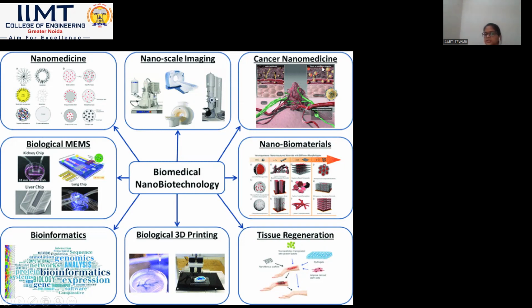So we make nanomedicines out of the particles because they are absorbed faster, and with efficient drug delivery from the nanoparticles, cancer can actually be treated effectively with the cancer nanomedicine. Then we also use them in nanoscale imaging. Okay. So these are all actually the applications of nanotechnology.